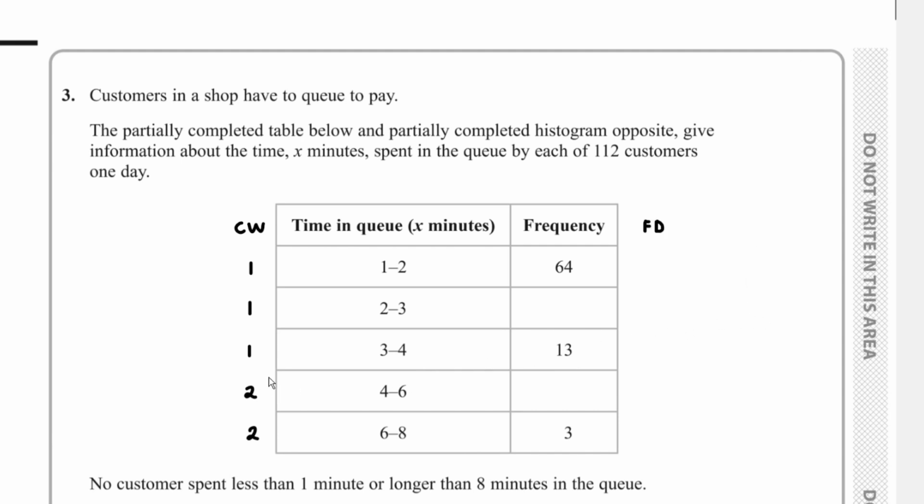So what we can do is find out the frequency density by working out the frequency divided by class width. In this case, we have 13 divided by 1, which is 13.